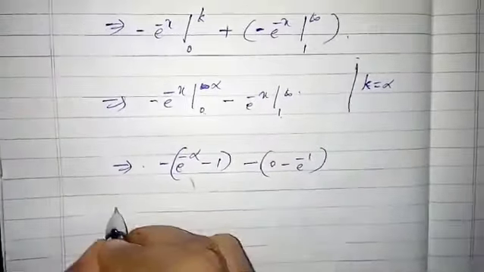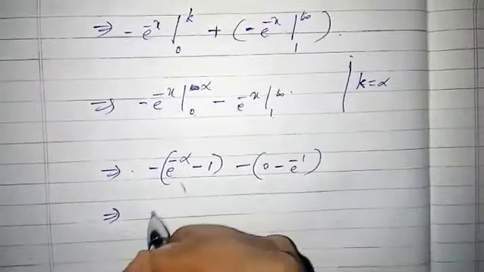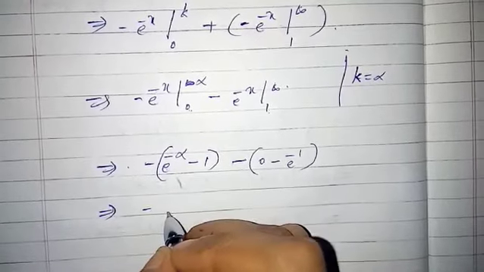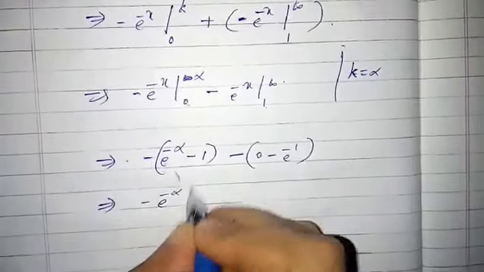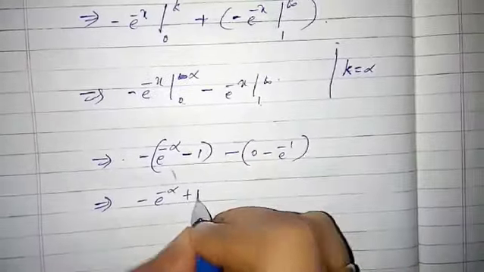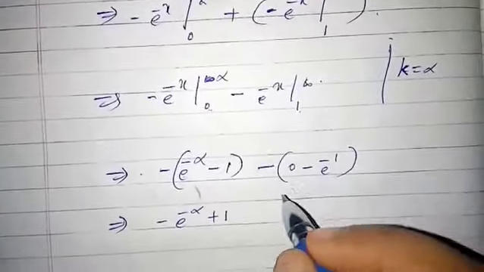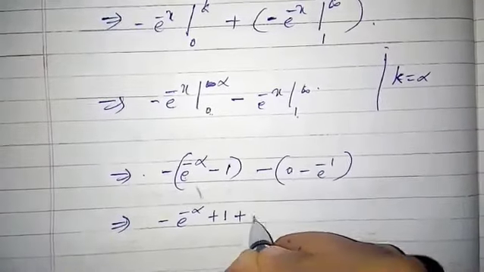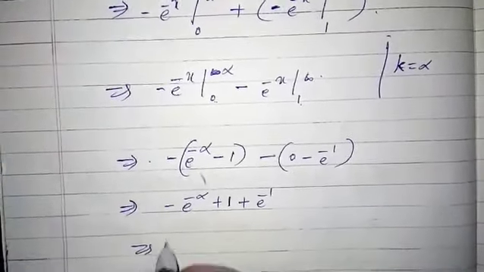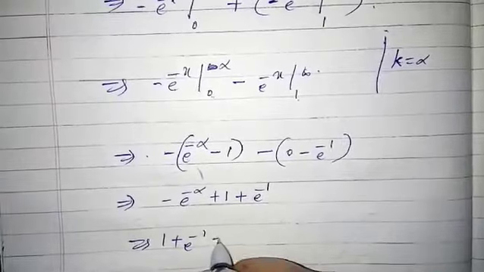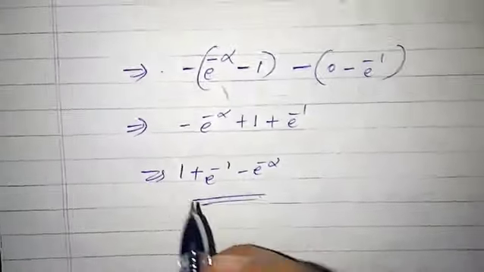Which implies minus e power minus alpha plus 1 plus e power minus 1. We can write this as 1 plus e power minus 1 minus e power minus alpha. So this is the power of the test.